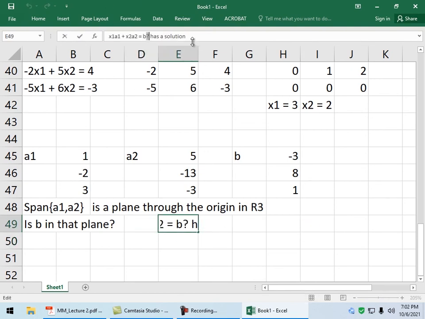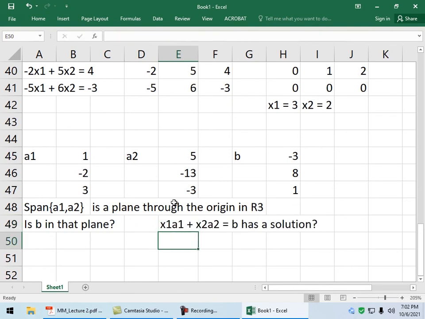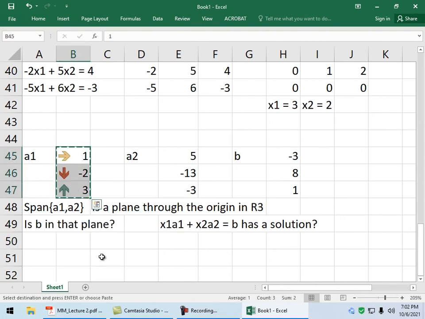Let's change this sign over here. So to answer this, we again form the augmented matrix. Let's form it.